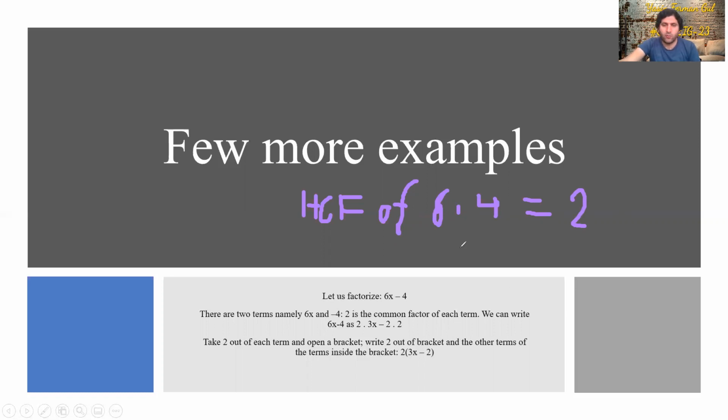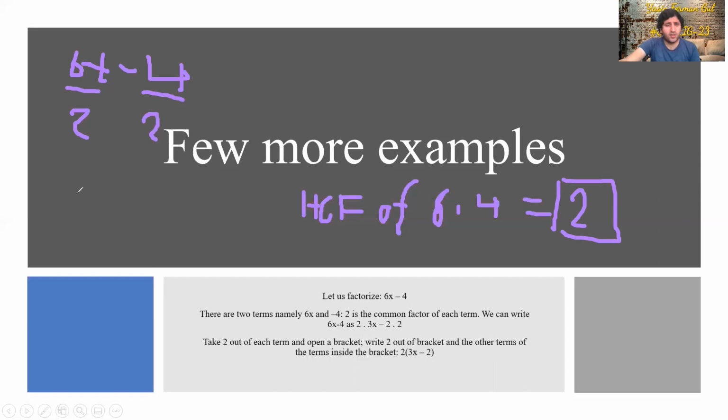Now, we did say that since I know 2 is my common factor, then I'm going to do this to find the other factor. So my expression was 6x minus 4. I'm going to say 6x divided by 2 and 4 divided by 2.